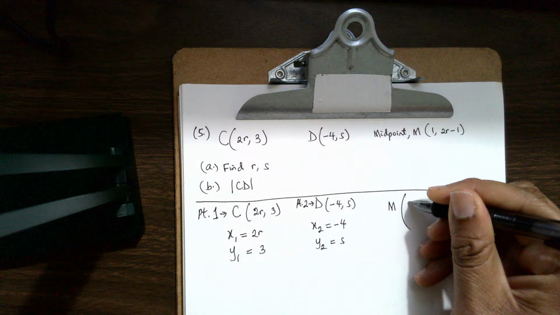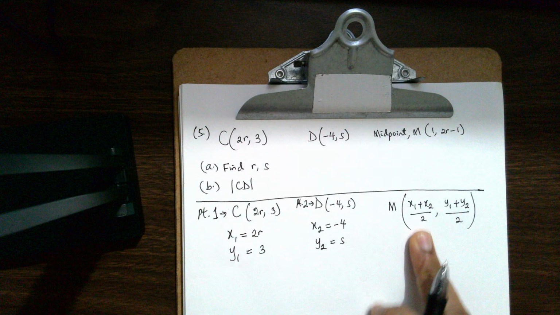It's just the average for the x coordinate and then the average for the y coordinate. That is your midpoint. So this already they gave it to us.